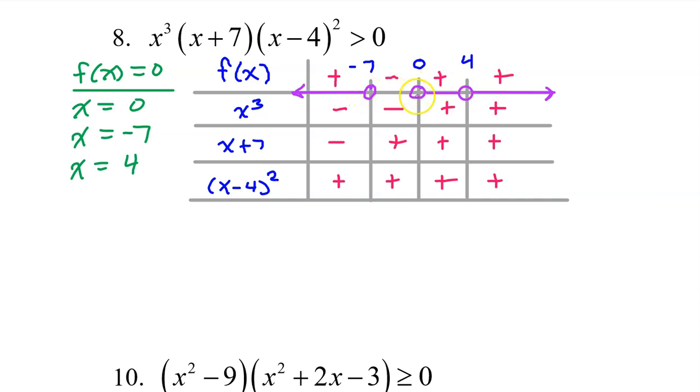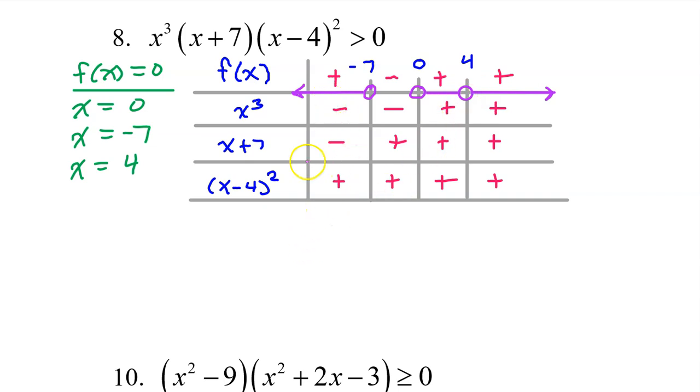I've left the zeros themselves as open circles. They are not to be included because these are the places where f of x is equal to 0. We are looking for where f of x is greater than 0. So these open circles show that these points are not to be included. When we write the solution set, we will use parentheses at these endpoints, also showing that these values are not included.